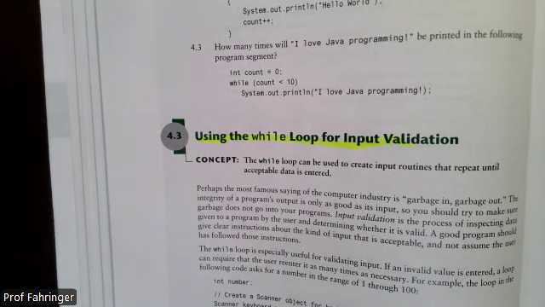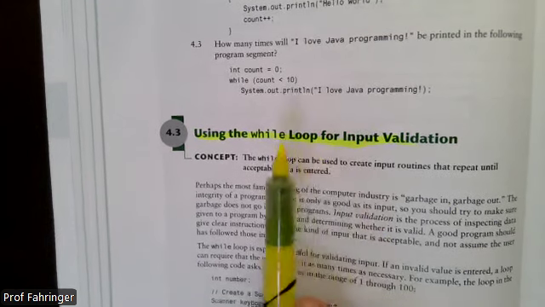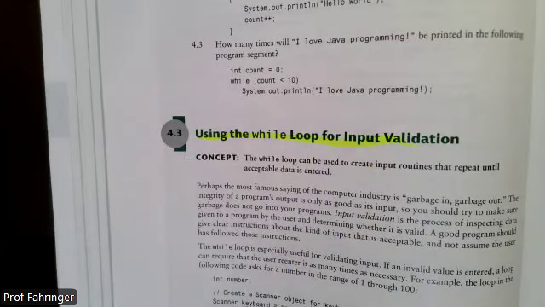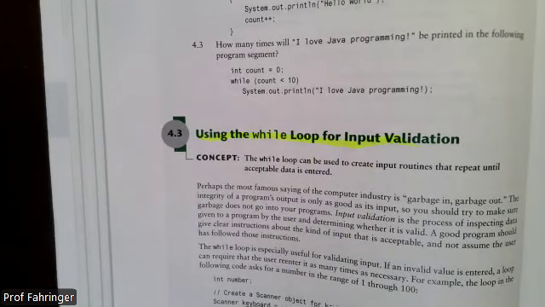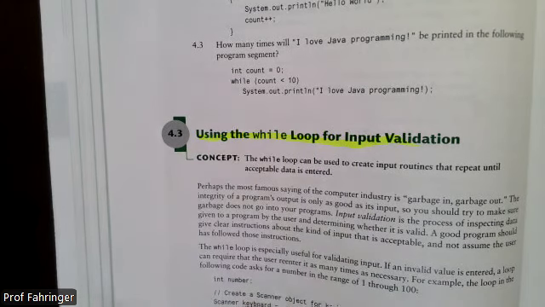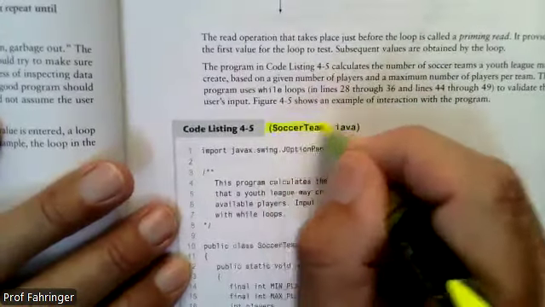I want to be able to get a number between 1 and 100. So we can use a while loop for what's called input validation. So here's an example of, other than that basic loop we just saw, what I can use a while loop for. And here we go, soccer listings.